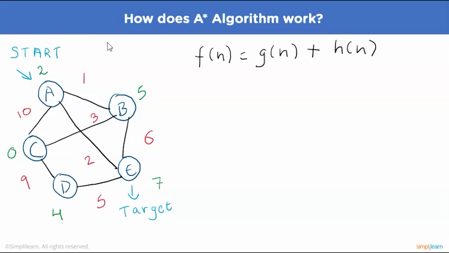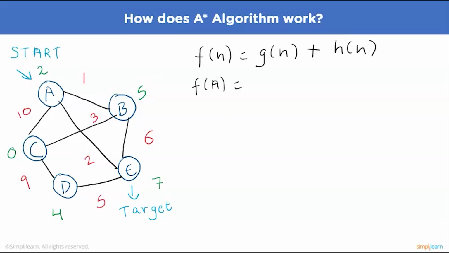So there are three different paths that we can take: A to B, A to C, or A to E. So first let's consider that we take A to B, okay? The first thing that you have to consider is the heuristic value of A itself. So f of A is the first value that you're going to be considering, right?